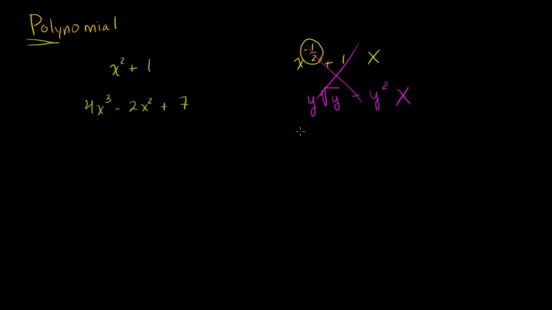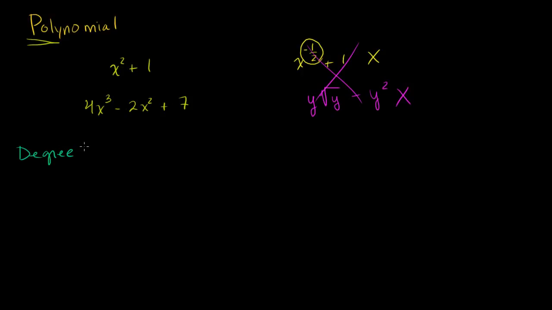Now, when we're dealing with polynomials, we're going to have some terminology, and you may or may not already be familiar with it, so I'll expose it to you right now. The first terminology is the degree of the polynomial. And that's essentially the highest exponent that we have in the polynomial.